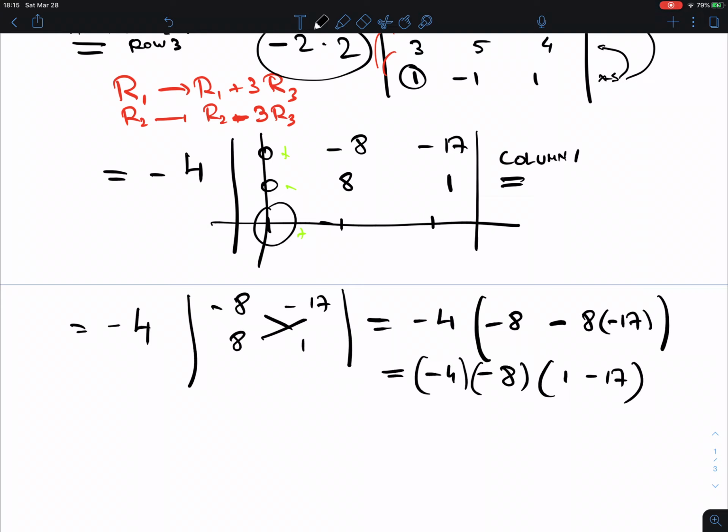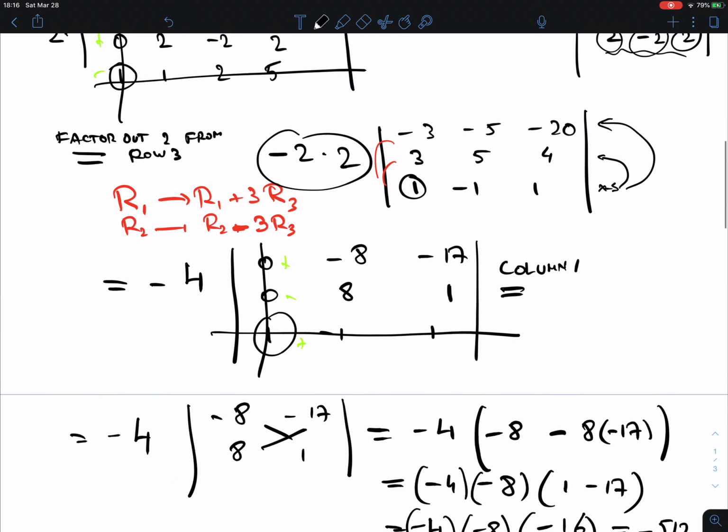Factor out minus 8, right? Okay, so that's negative 16 here, so it's negative 4 times negative 8 times negative 16, and that is, whatever that is, minus 512, I think, right? I think so, yeah. Okay, so that's how it works.